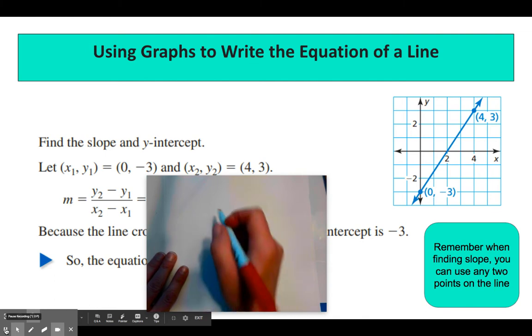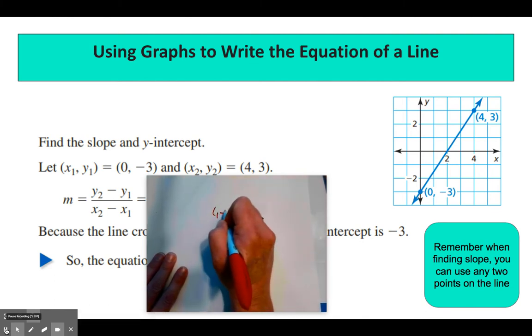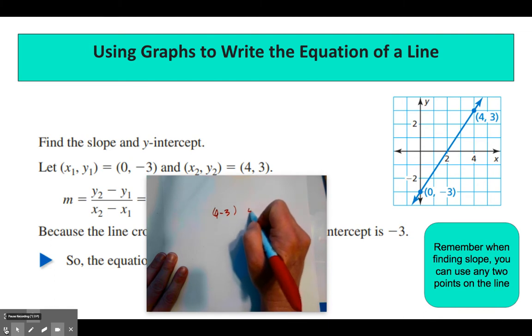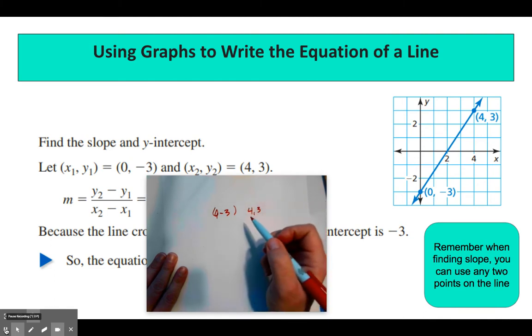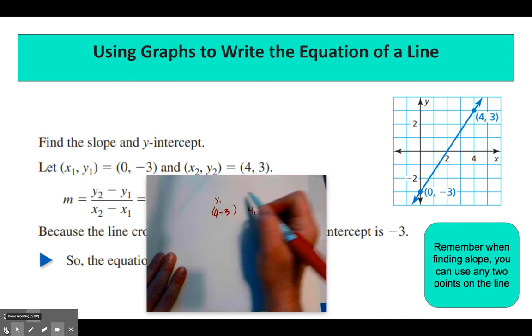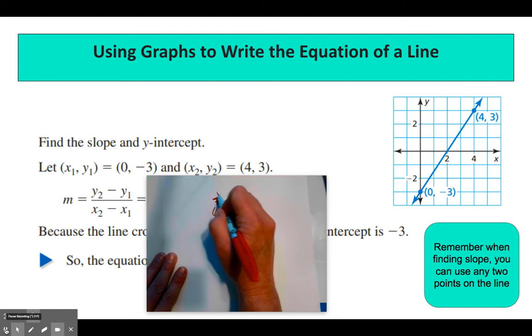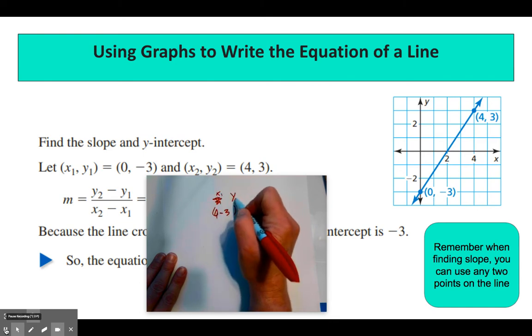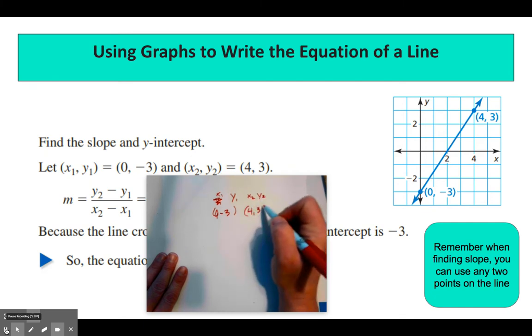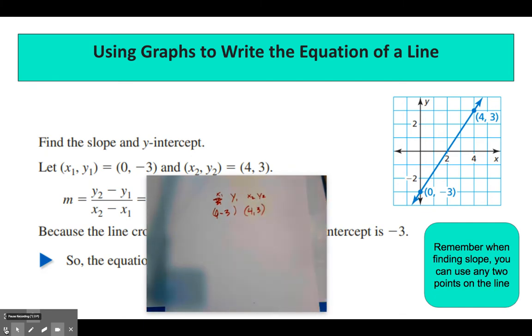So you know your 2 points are at 0, negative 3, and 4, 3. Okay, so you're going to just call this x1 and y1. And this is going to be x2 and y2 for those two values.